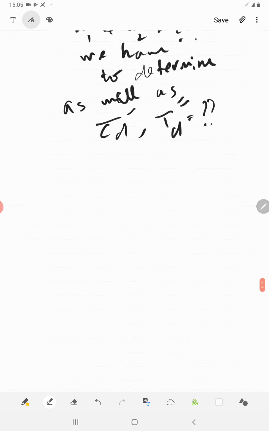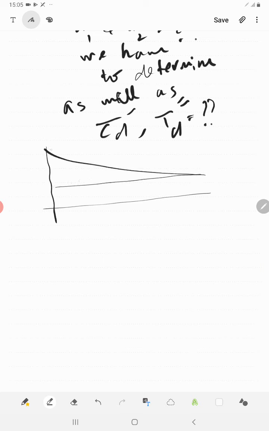Now, if we look again at IA, this is IA, and this is I steady state. So this one here is A1 plus A2. Let's call it y.